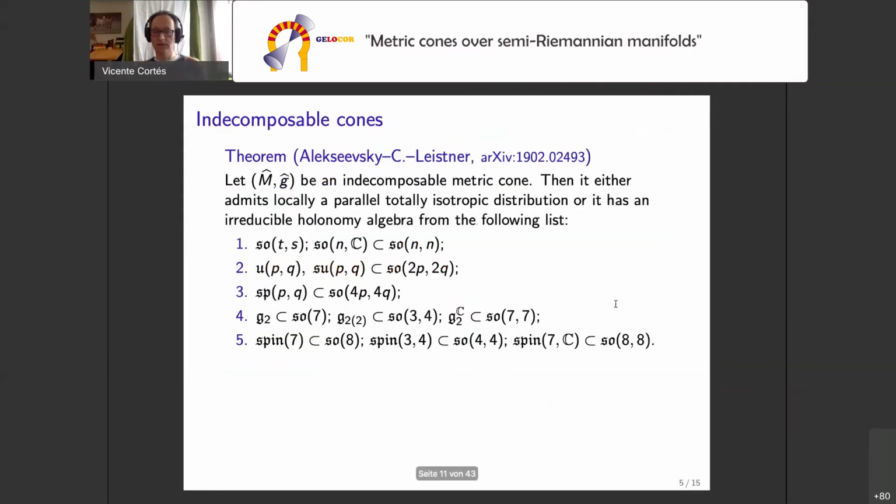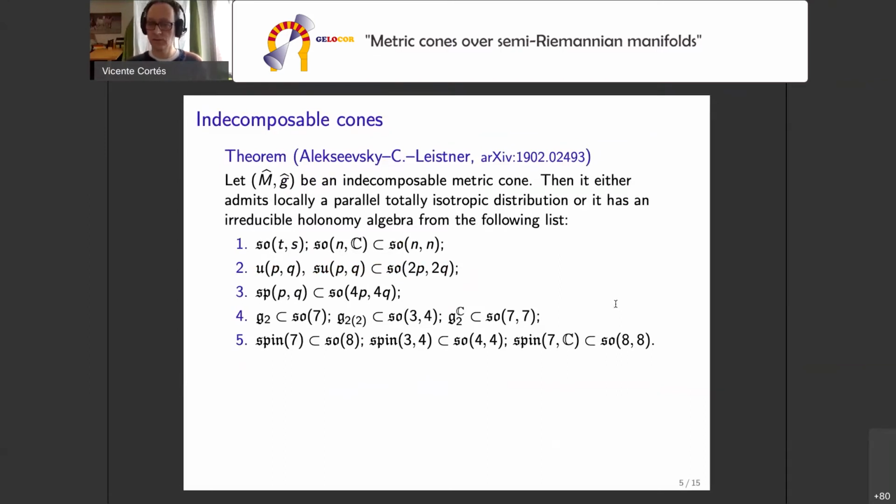Okay, so the next thing which I want to discuss is our more recent work. So far this was work from 10 years ago where we started to look at this problem together with Dimitri, Anton, and Thomas. But more recently, we published a new paper on this subject where we study the indecomposable case.